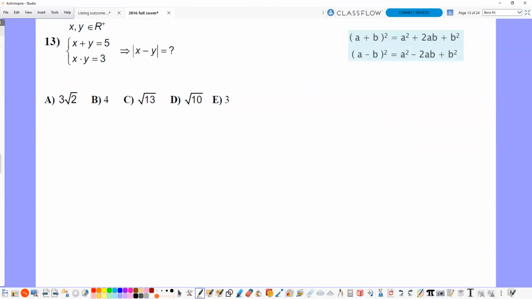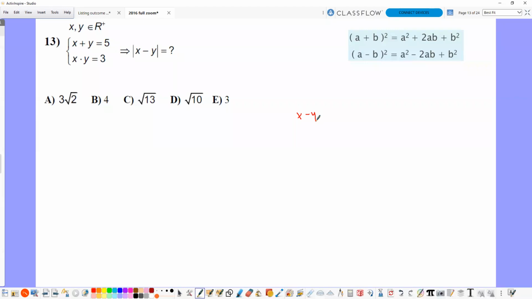Again, we are going to use the expansion formulas. A plus b squared and a minus b squared I have to use here. By using a plus b squared, I'm going to get a minus b squared. This is the main aim of the question. So if I want to reach x minus y, I'm going to use the x minus y squared formula.